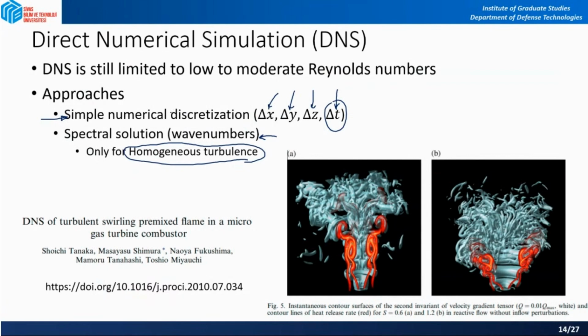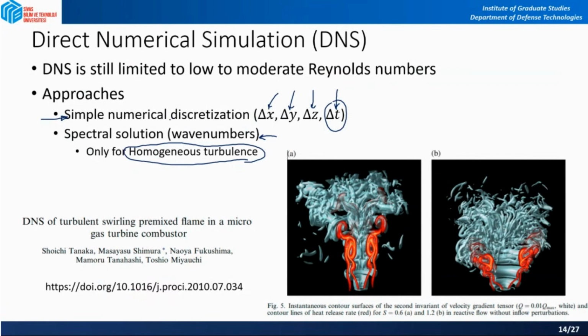Homogeneous turbulence, we said, mostly does not exist in the real world. However, we can produce it in the laboratory, and we can simulate it with DNS, and it will provide a lot of information for, as we said, calibration of RANS type turbulence models.